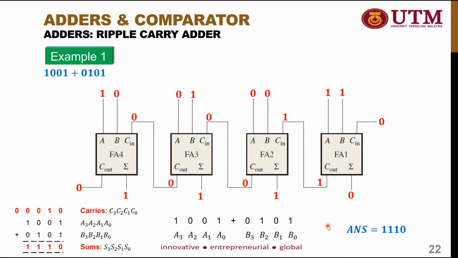Okay, so this is how the ripple carry adder operates, where first you need to initialize the initial carry to 0, and then you connect the inputs A and B of each and every full adder correctly, where it starts from the LSB part of the input and ends with the MSB part of input A and input B. And then you just do a conventional binary addition, 1 plus 1 plus Cin, and you will get the sum and the carry, and then the carry out will be brought into the second full adder carry in, and it will be repeated, and you will get the final answer, which consists of 4 bits of sum and 1 bit of carry.